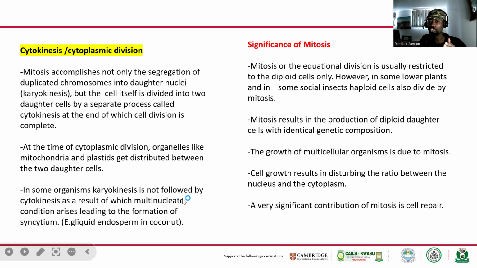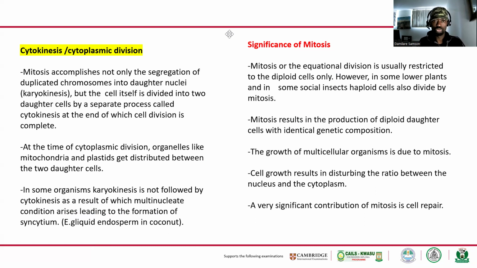So it does not occur immediately, as a result of which a multinucleate condition arises, leading to the formation of syncytium. So that is just an exemption to what we discuss, so that you will have the idea that it's not in all cases, but basically in most organisms, both plant and animal, you have cytokinesis following karyokinesis.